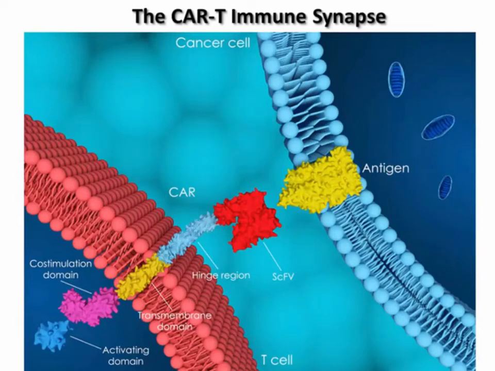Now, this activating zeta chain is usually the signaling moiety on the other end of the T cell receptor, and when we activate these intracellular domains, this results in a highly active cytotoxic lymphocyte that will kill the targeted cell.